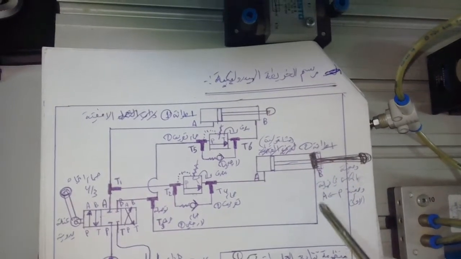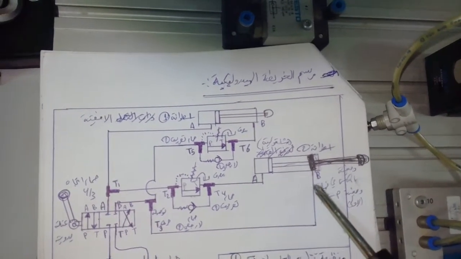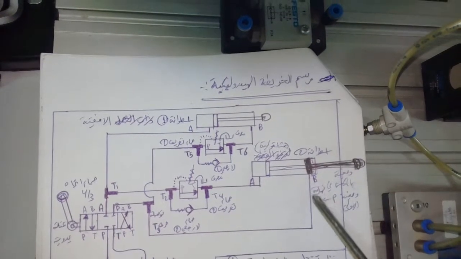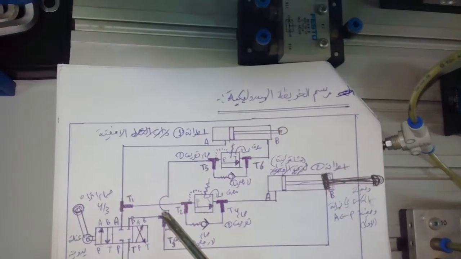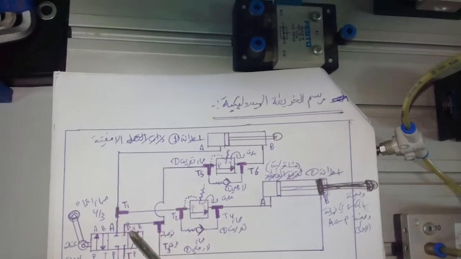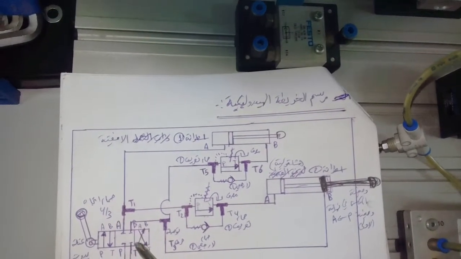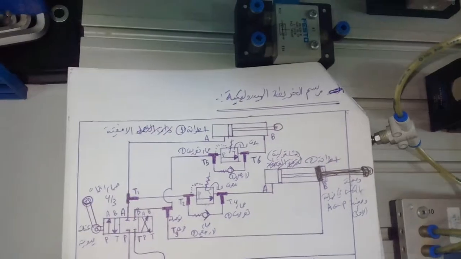Then the pressurized oil would flow from B, from here, then to the B port, then to the tank.